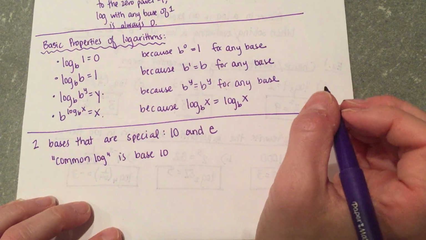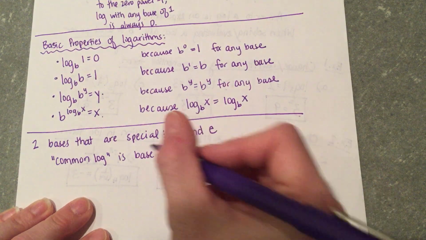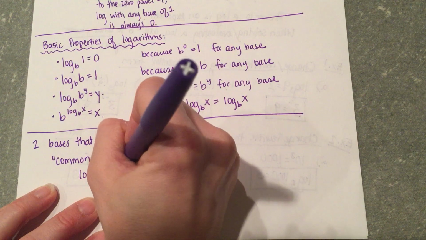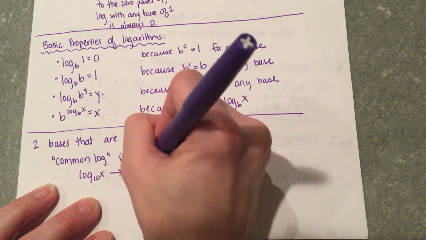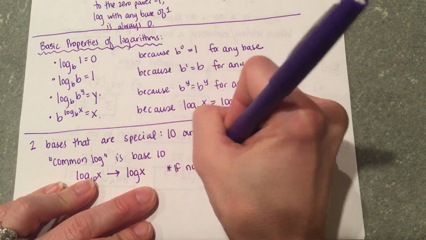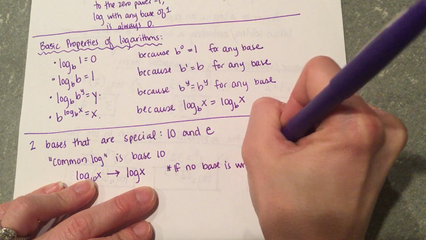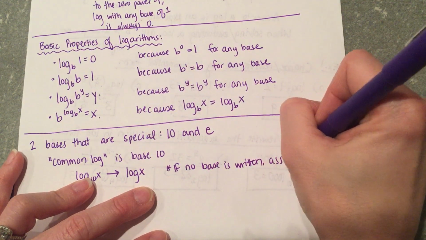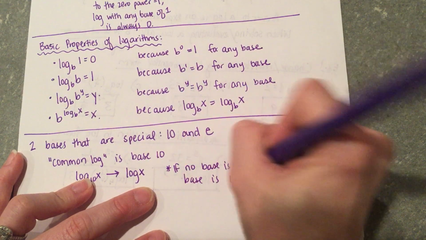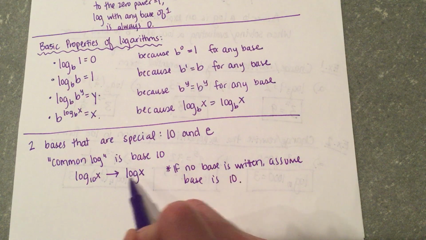When you see the log button on your calculator, it's talking about the common log with a base of 10. If you ever have the log base 10 of x, it's just written log x. So if no base is written, we just assume the base is 10, which is why that log button on your calculator will always be log base 10.